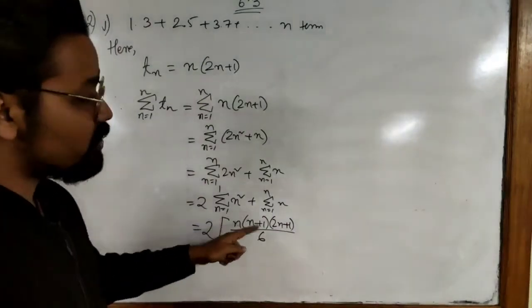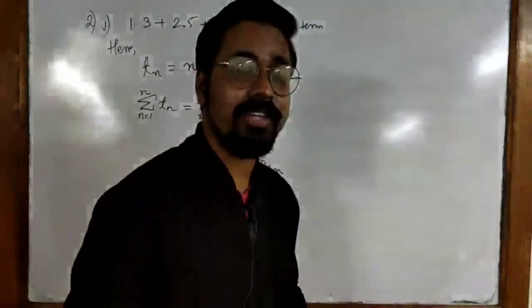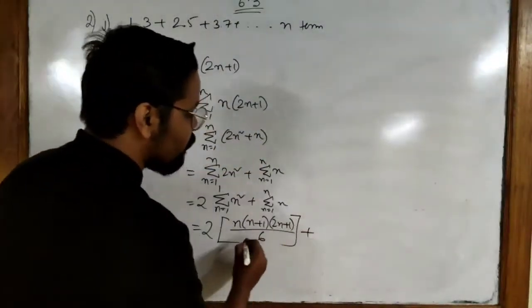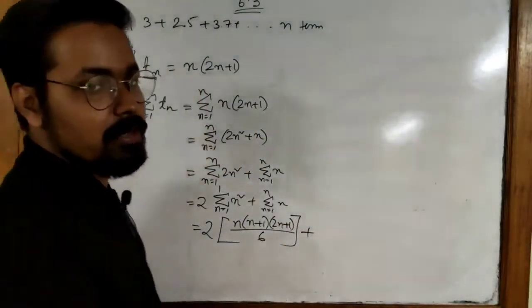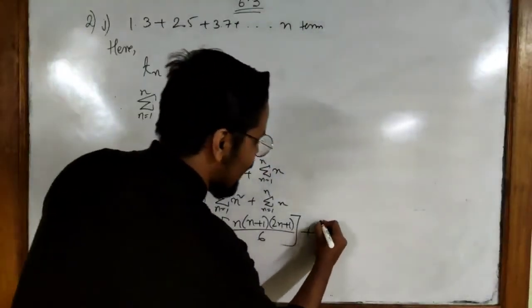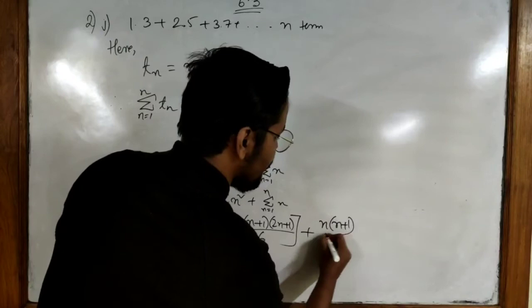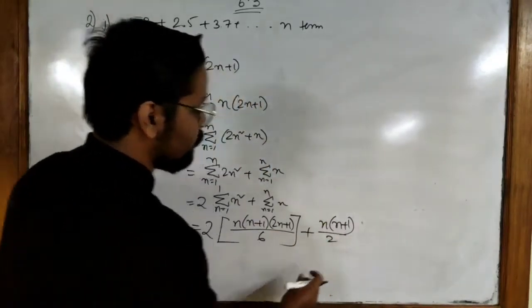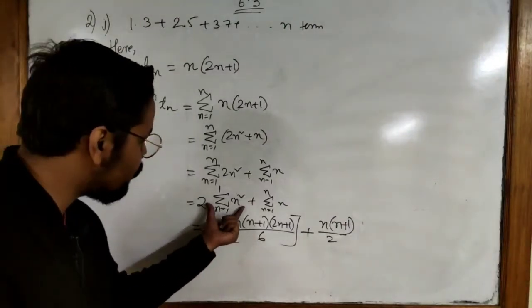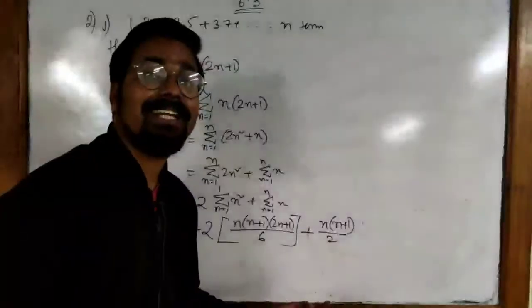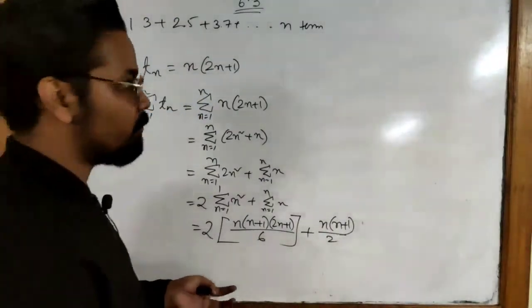Similarly, the formula for the sum of natural numbers, 1 plus 2 plus 3 plus 4 plus 5 up to n, is n into n plus 1 by 2. So this is the formula for summation of n square up to n, and this is the formula for summation of n, the sum of all natural numbers.